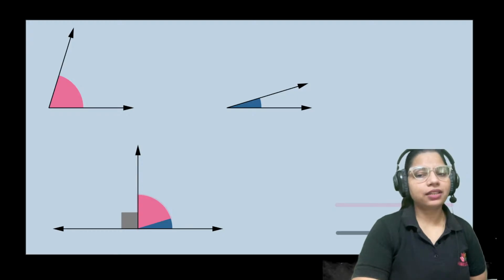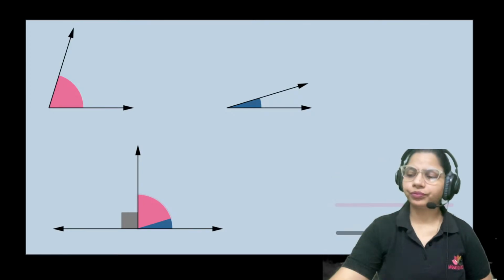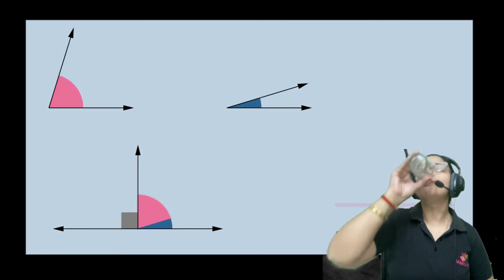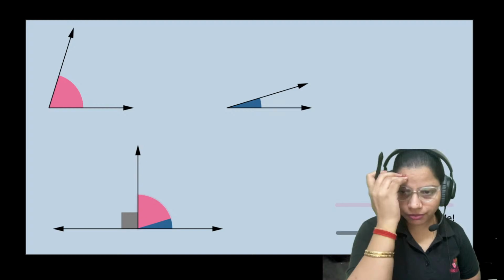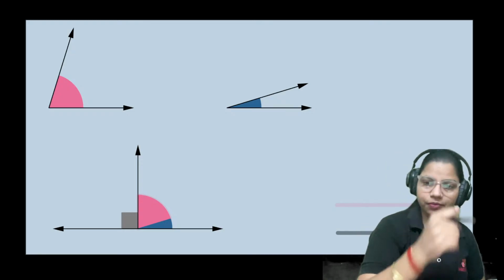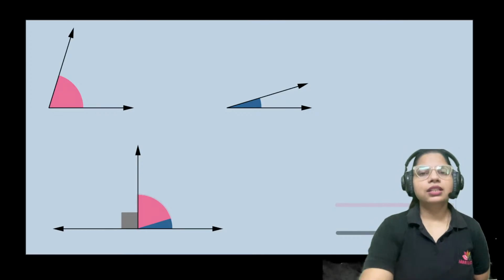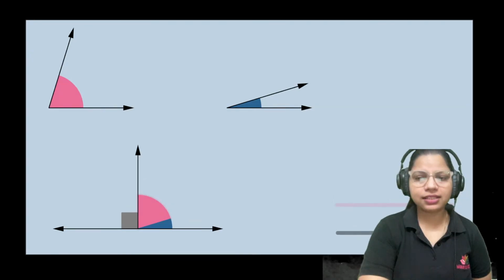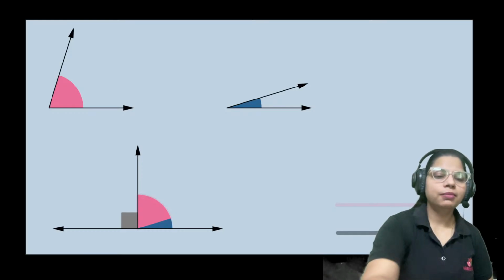Tell me quickly what the other angle would be. Complementary is 90 degrees. Tell me, I didn't get any answer yet. Yes, if one is 10 degrees, the other one would be 80 degrees. Why? Because we have to make together 90 degrees.